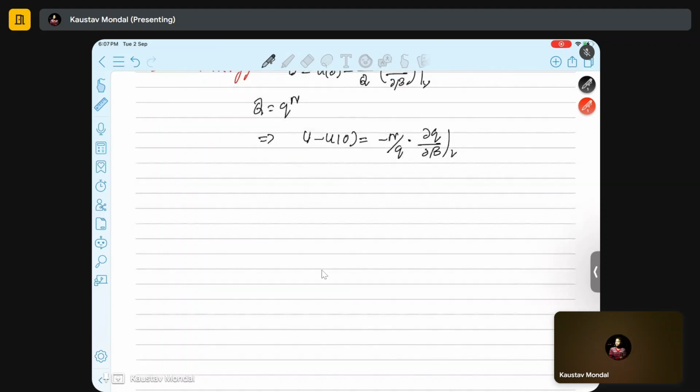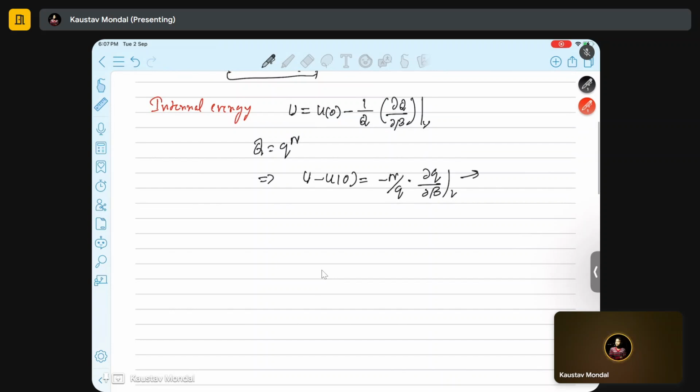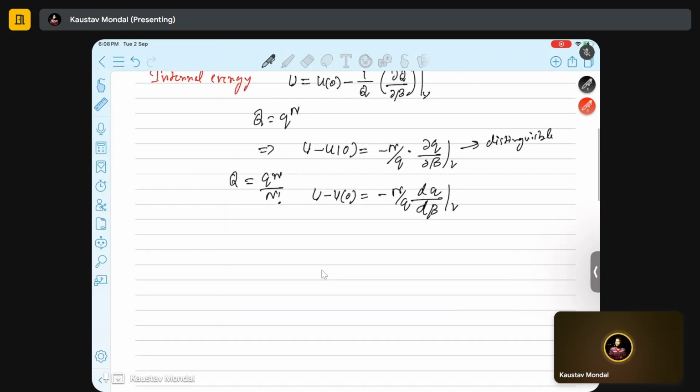Similarly, we proved that for indistinguishable particles, where Q is q to the power N by N factorial, the expression of the energy takes the same form: U minus U0 would be the similar minus N by q. So the internal energy will be the same in both cases. The main story in short is that the internal energy remains the same.